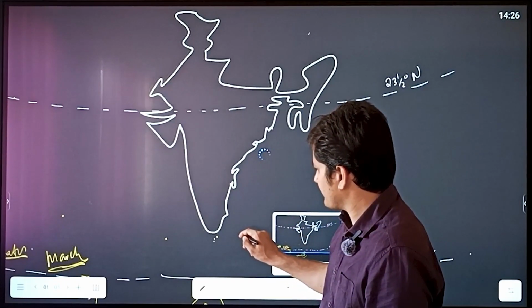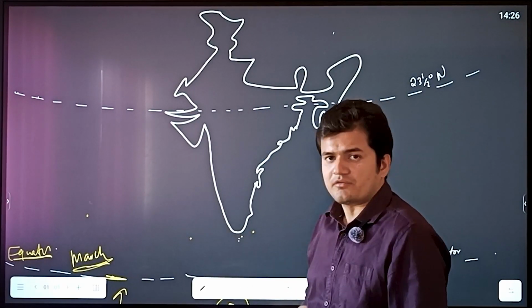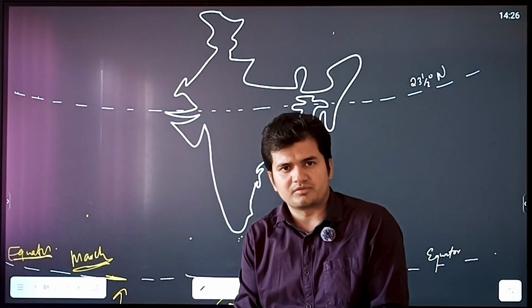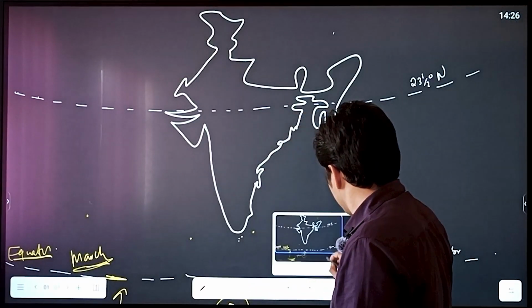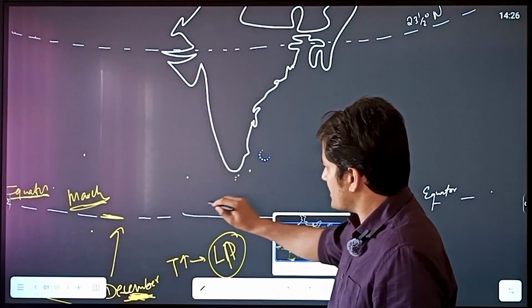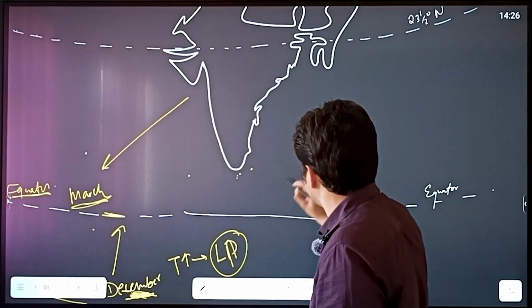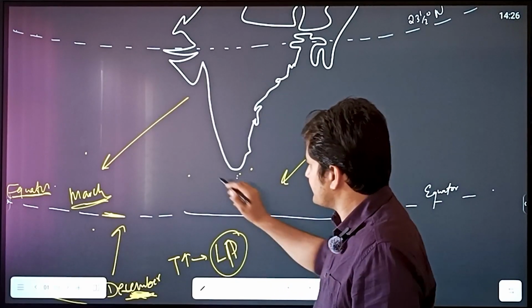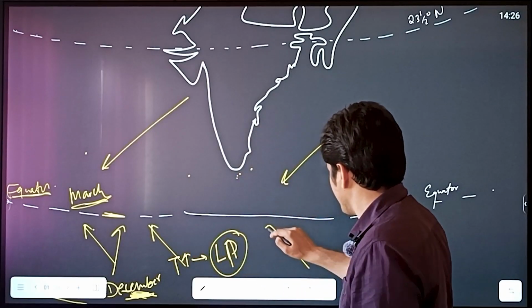So here we are going to discuss some basic concepts behind the formation of monsoon. In the atmospheric circulation, during the month of March, we have easterly winds. These easterly winds are also called the trade winds.